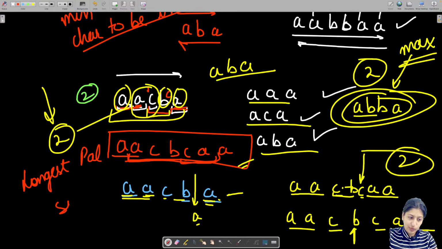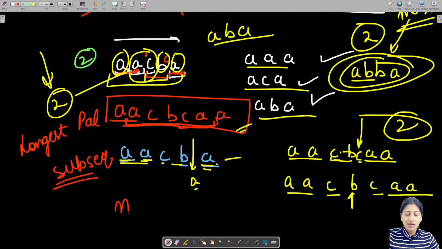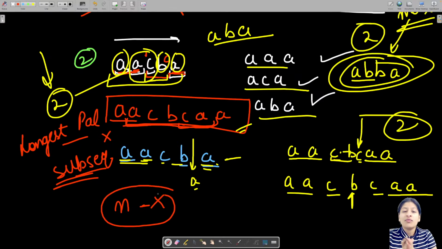Once you know that, you know the length of your string, n, minus the length of your longest palindromic subsequence, for example x. You will subtract that count, and that's the count of the remaining elements in your string. That's exactly how many insertions you will need to make it a palindrome, and that will be the minimum number of insertions. You got this point?